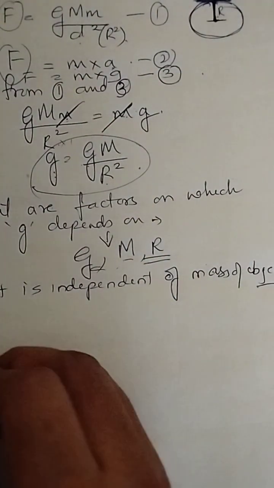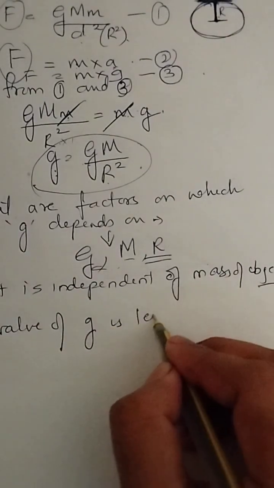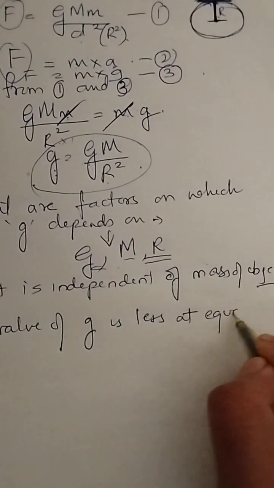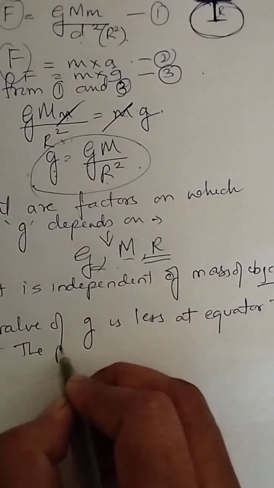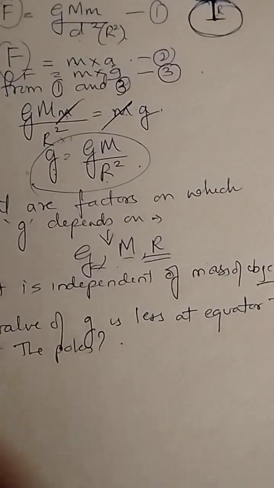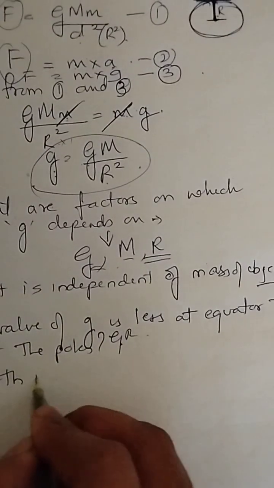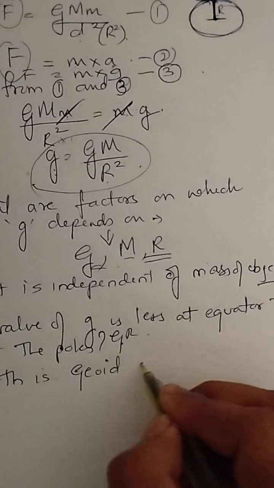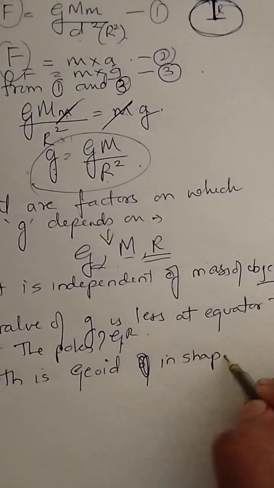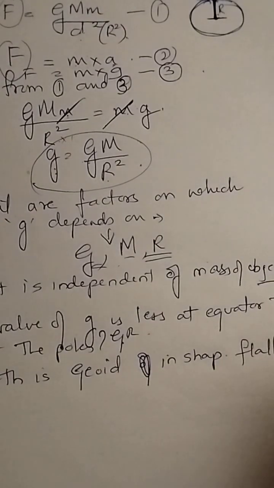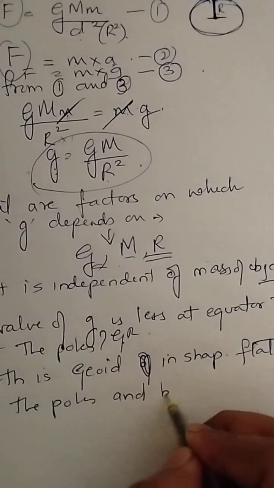And the value of g is less at the equator than at the poles. This is another question. Why? Give reason. It is because the earth is geoid in shape, that is flattened at the poles and bulged at the equator.